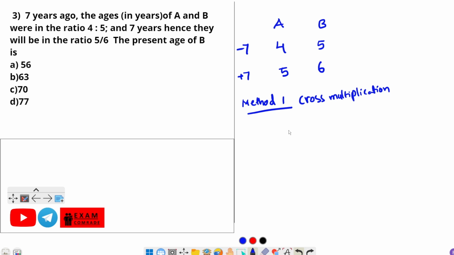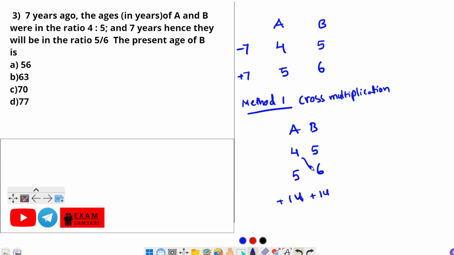Write the previous ratios on the top side, that is 4 is to 5, and the new ratios on the bottom side. Write the difference, like there is a 14 years difference, so I will write 14 here. This is plus 14 on both sides, that is, the new ratios are obtained after adding 14 to both.